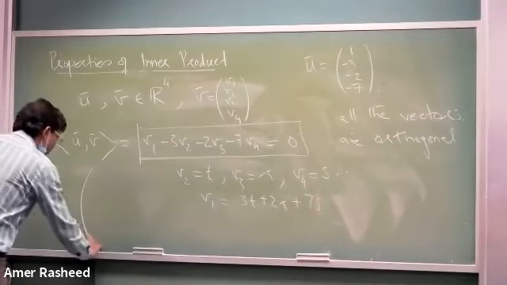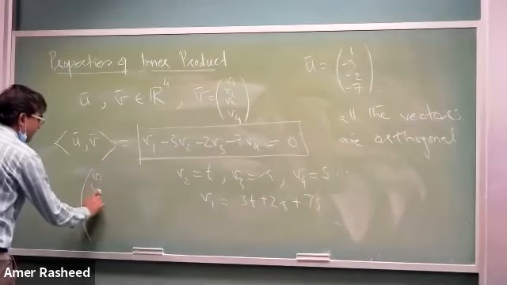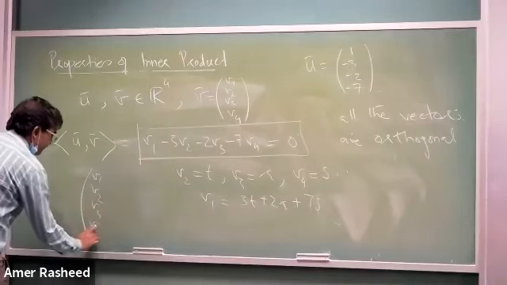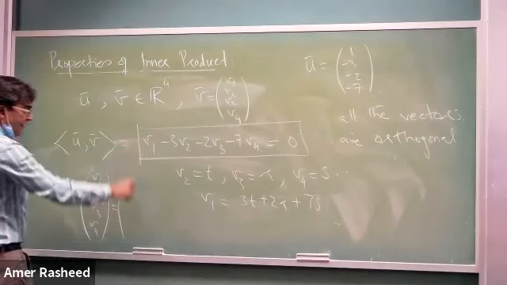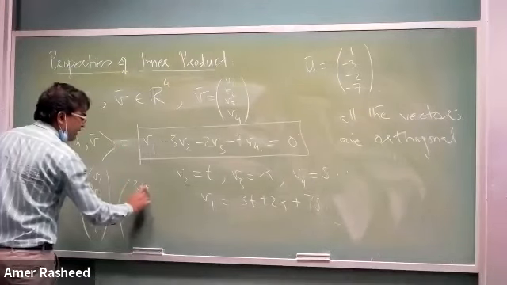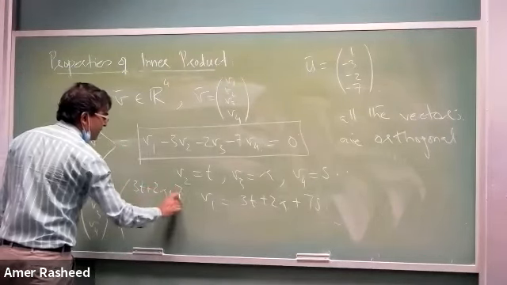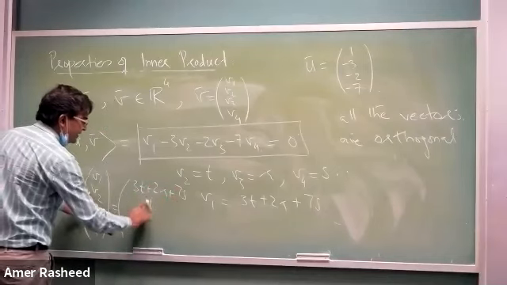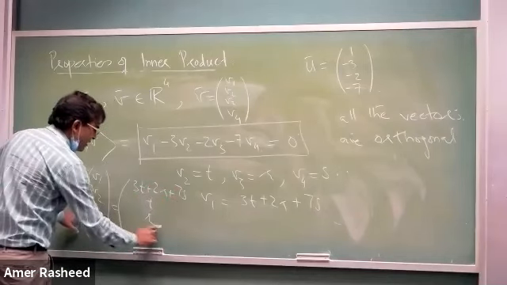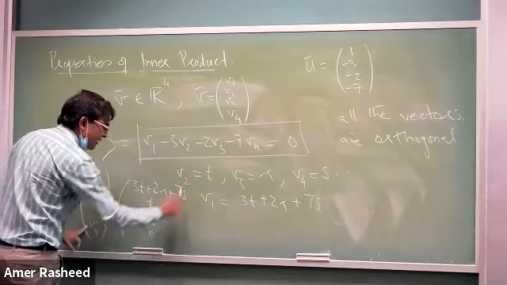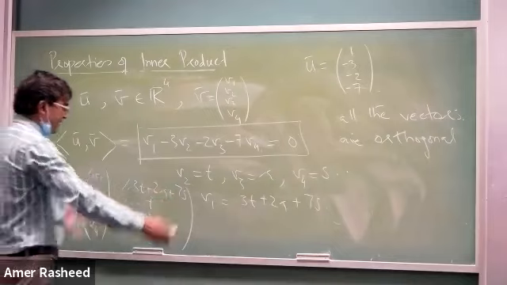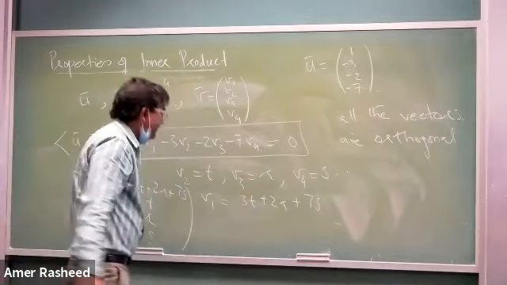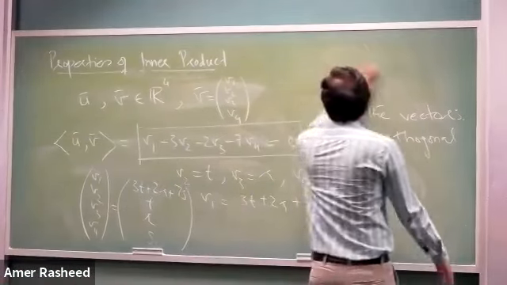So now you can define v1, v2, v3, v4 in terms of these. v1 is 3t plus 2r plus 7s, v2 is t, v3 is r, v4 is s. Okay. Now you can further separate them and find 3 vectors.